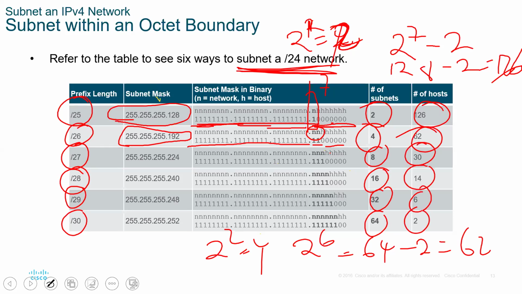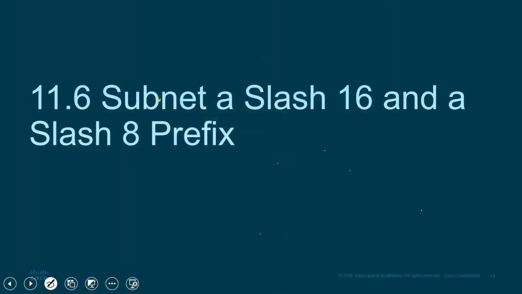If you observe, you see that it decreases. Because in this particular aspect, the number of bits borrowed tells you the number of subnets that can be created from that block. Then the number of zeros that are remaining tells you the number of hosts that you can actually get from it. Okay?